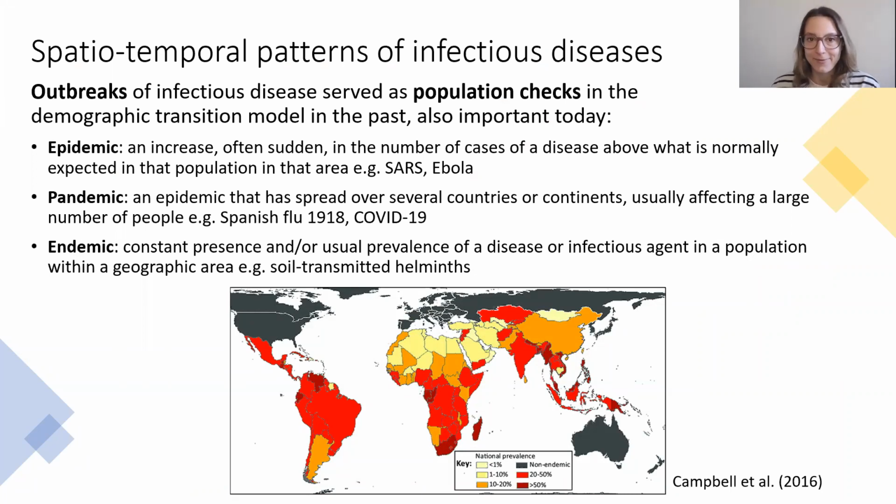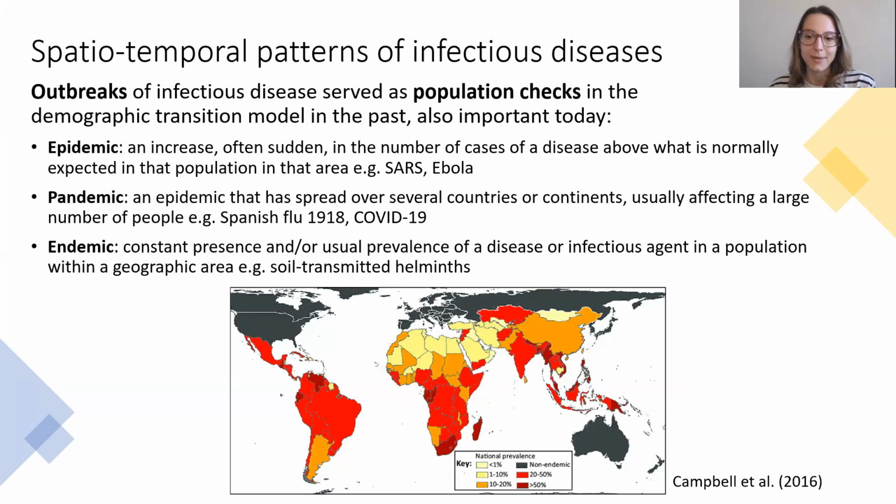Remember, we often talk about outbreaks of infectious disease in the context of serving as population checks, particularly in the demographic transition model. In those early stages of the model, they really serve to limit population growth from becoming exponentially higher.